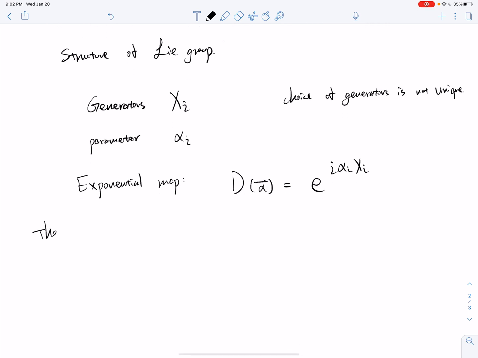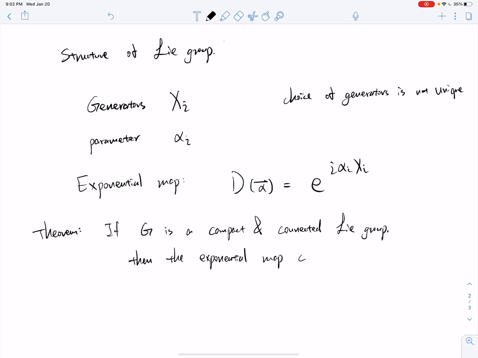There's a theorem that says if the group G is a compact and connected Lie group, then the exponential map covers the entire group.